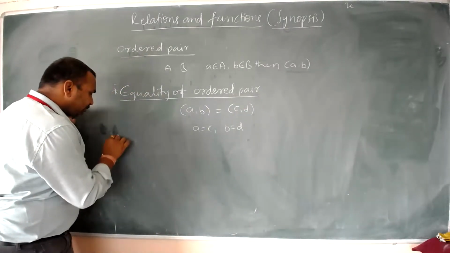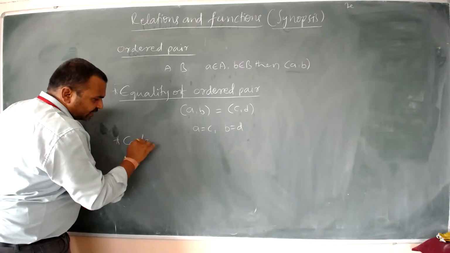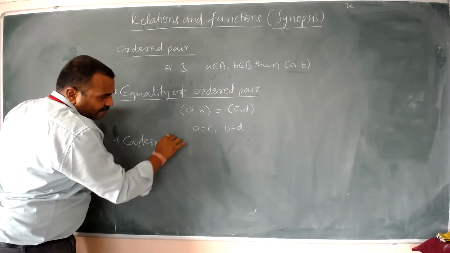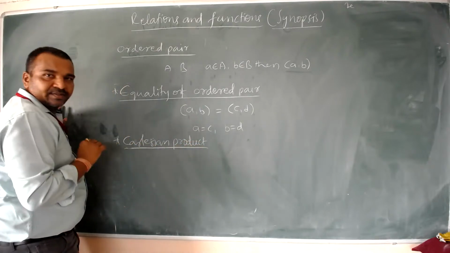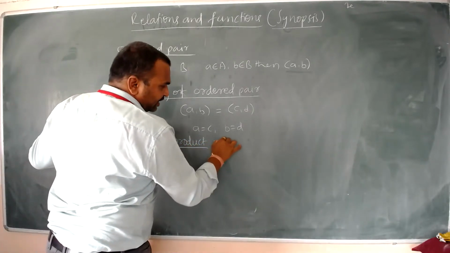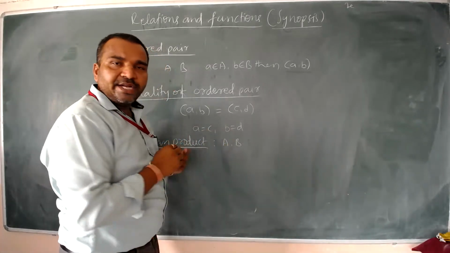Next, Cartesian product. See here. Capital A, capital B are any two sets.